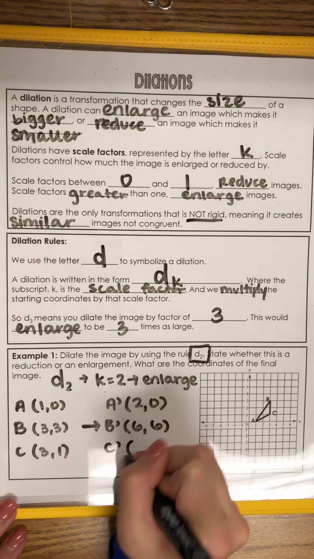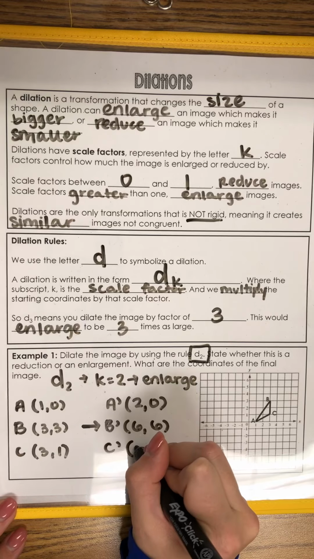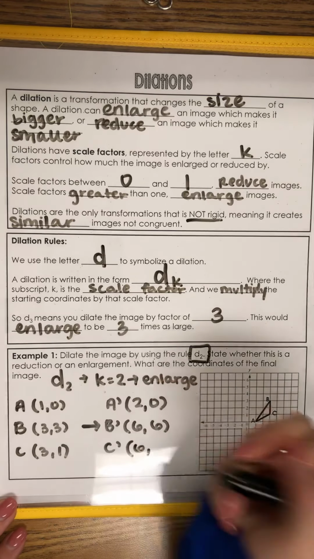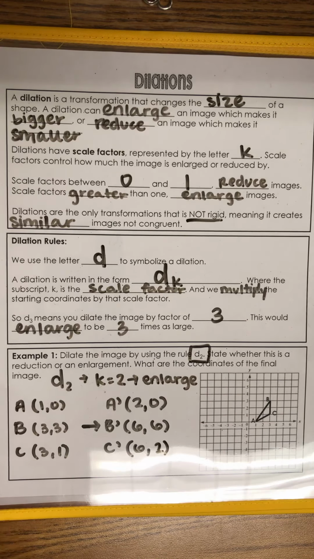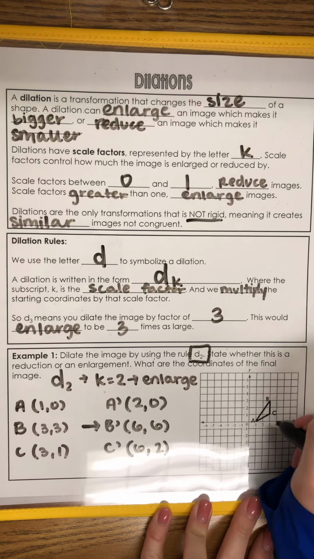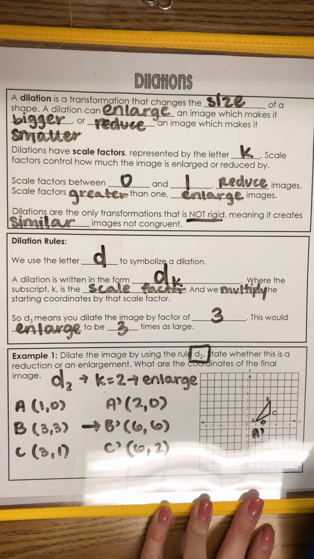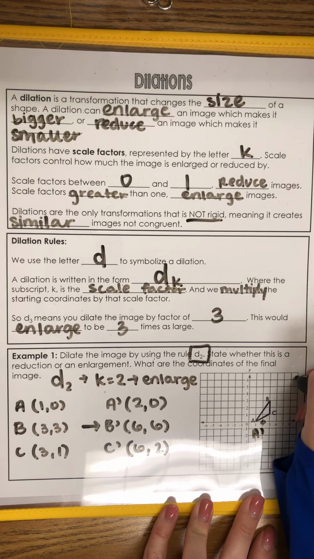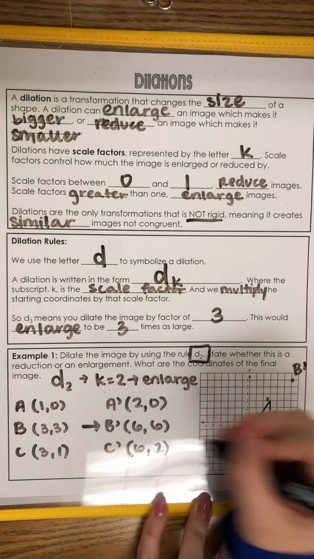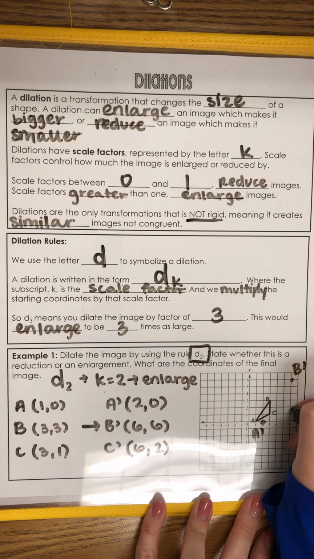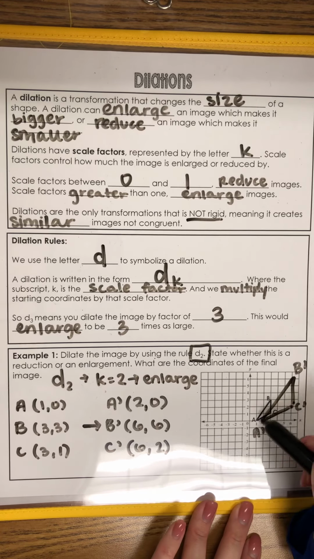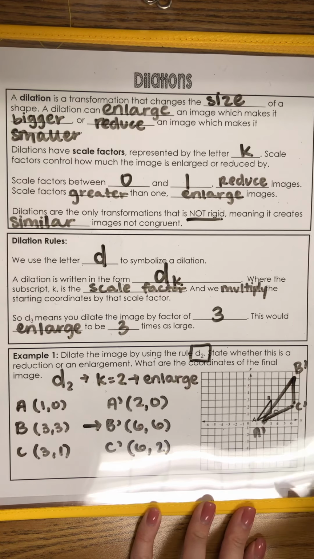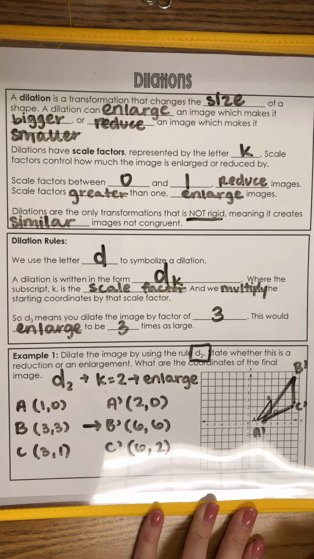And then C prime, 3 times our scale factor 2 to get 6, 1 times our scale factor 2 to get 2. We can then graph this. So A prime is now at 2, 0. B prime is at 6, 6. And C prime is at 6, 2. So we have the same shape, but now it is larger than the original.